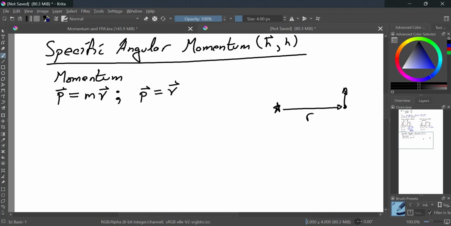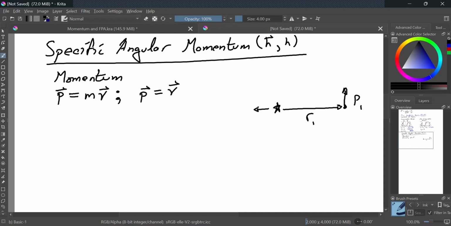If we have an orbiting body around a host body at a distance of r1 and a velocity of v1, well, this has a momentum all its own. Let me write in that it has a momentum, p1.